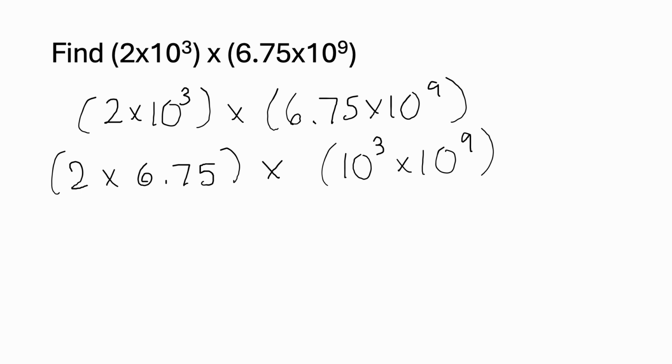We need to work out what 2 times 6.75 is, which is 13.5. And then remember our index law: when we have numbers of the same base, we add the powers. So 3 add 9, which is 12. So times 10 to the power of 12. And that is it.